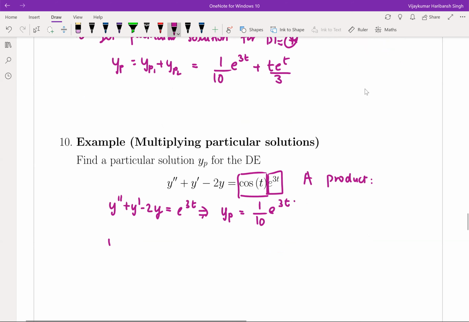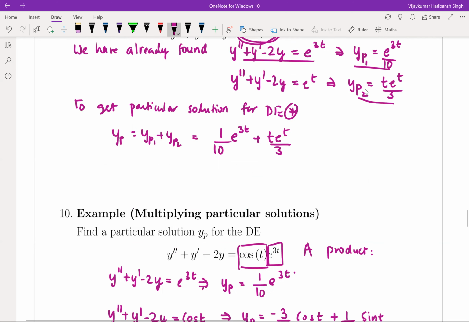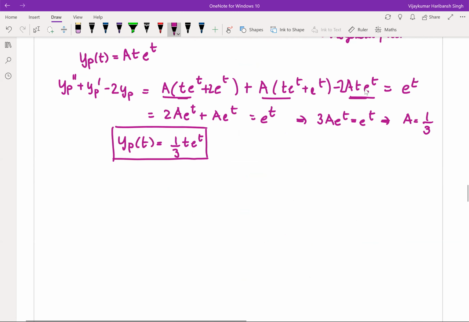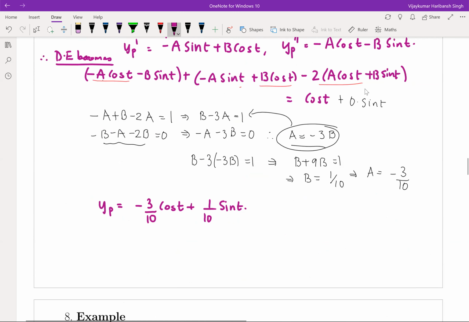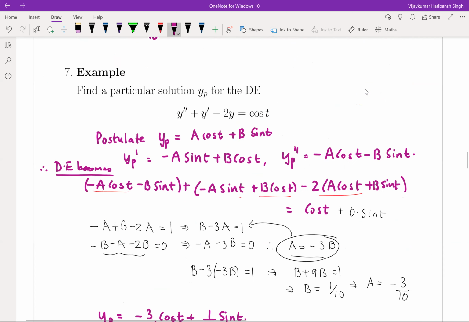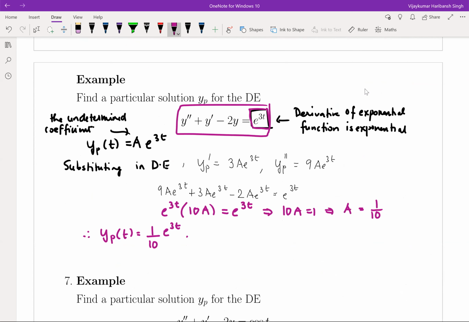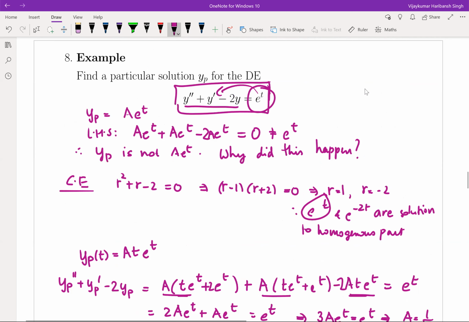Similarly, for y double prime plus y prime minus 2y equals cos t, yp equals minus 3 by 10 cosine t plus 1 by 10 sine t. And this was worked out earlier on top here, right? You have worked out the cosine t part here, and the earlier part for e to the power 3t is worked out here.